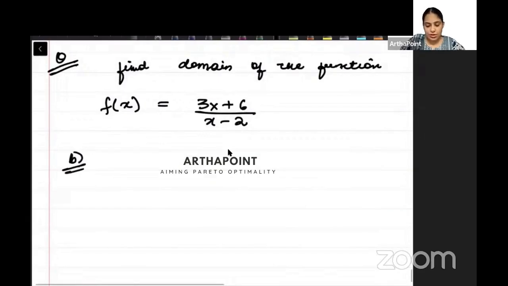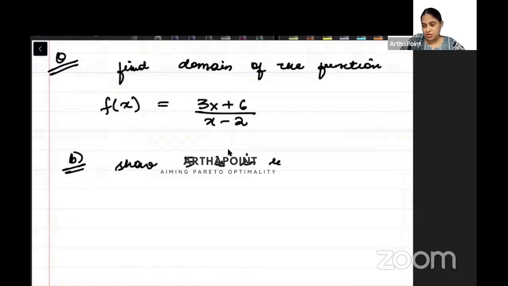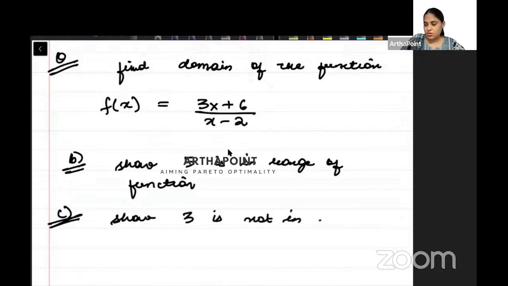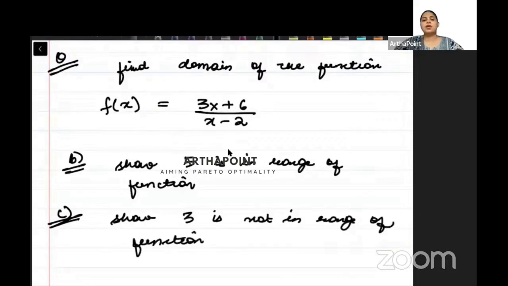Part B. Show that 5 is in the range of the function. Part C. Show that 3 is not in the range of the function. ठीक है?